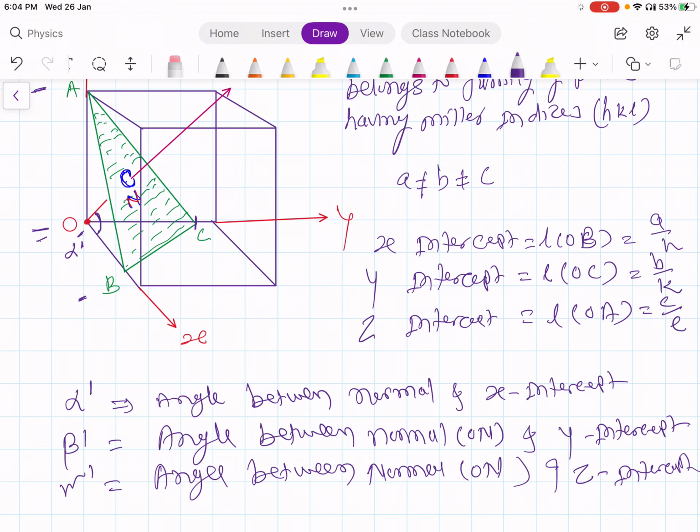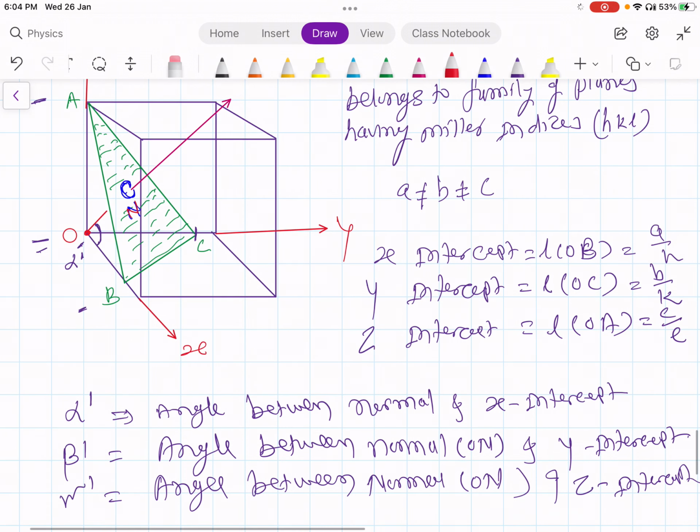So alpha dash, beta dash, and gamma dash are the angles between the normal and the x, y, z axes respectively. So this angle here is beta dash, and this angle here is gamma dash. These are not the interfacial angles, they are different.